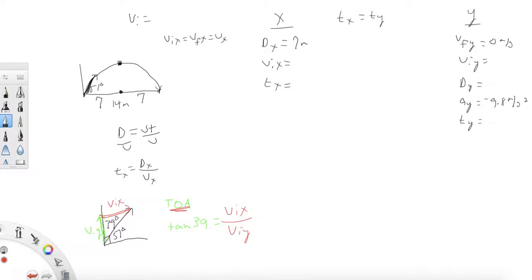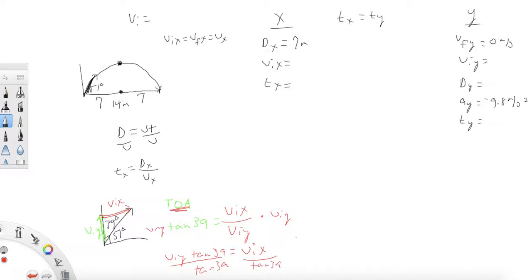Okay. So now what I can do is rearrange this formula to get VIY is equal to something. So if I multiply this side by VIY and multiply this side by VIY, I'm going to get VIY times tangent 39 is equal to VIX. So I'm trying to get VIY. So the next thing I want to do is divide this side by tangent 39, and I'll divide this side by tangent 39.